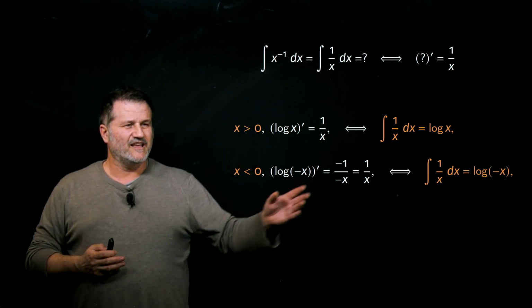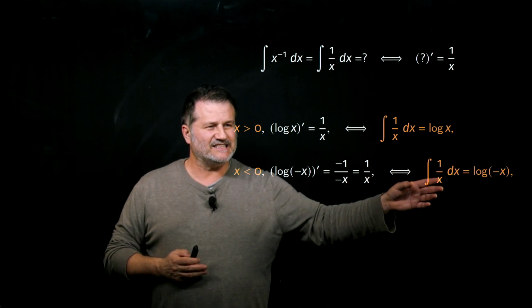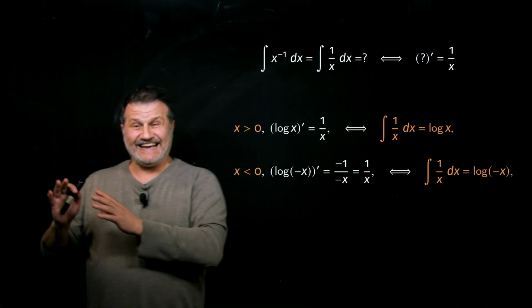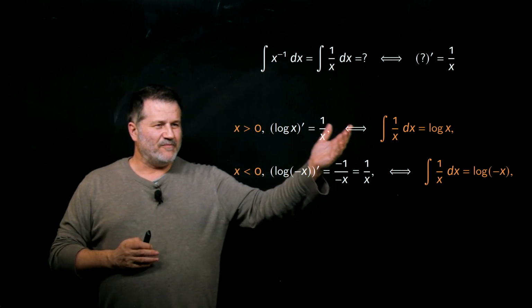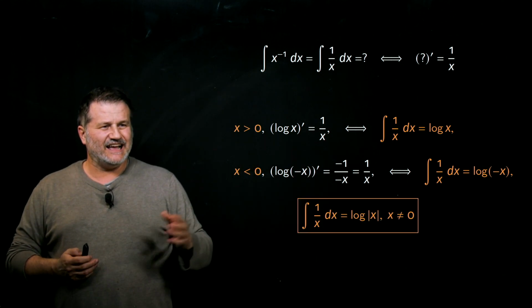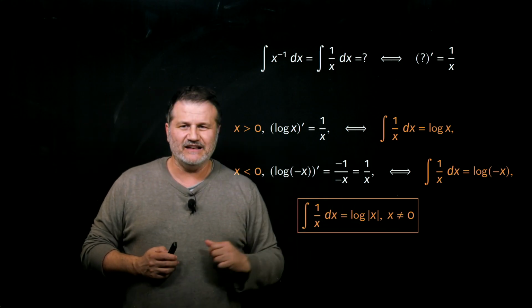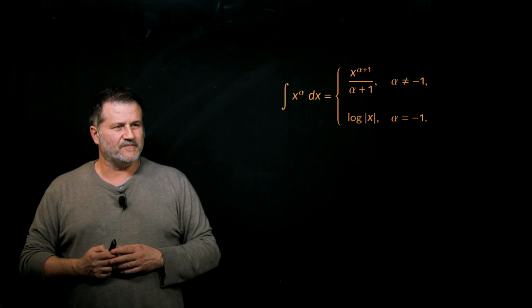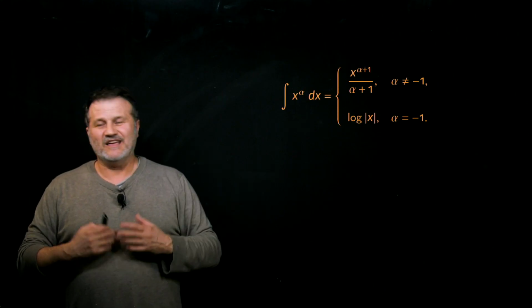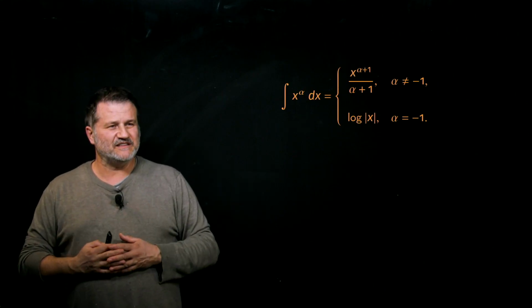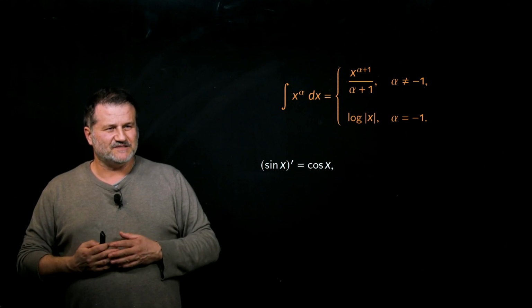Or in other words, a primitive for 1 over x is log of minus x when x is negative. We can put together these two formulas, saying that a primitive for 1 over x is log of absolute value of x when x is different from 0. And here we have the table for all the possible primitives for the powers.